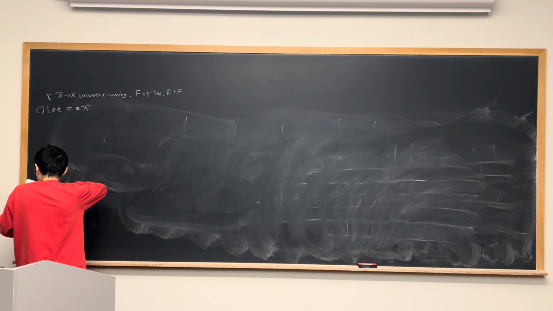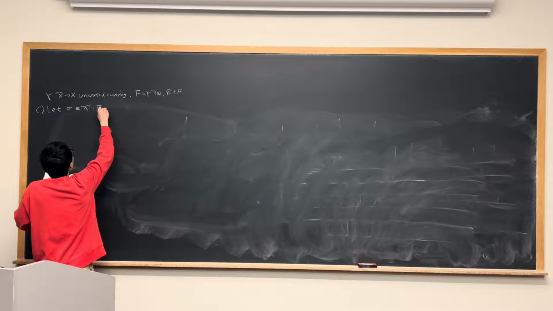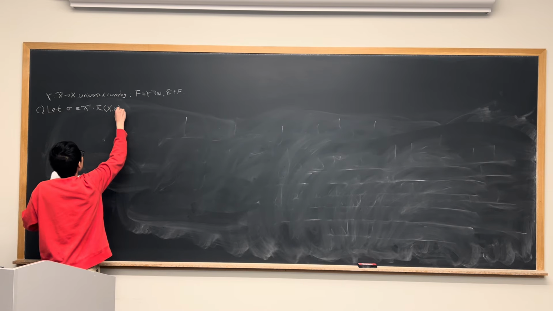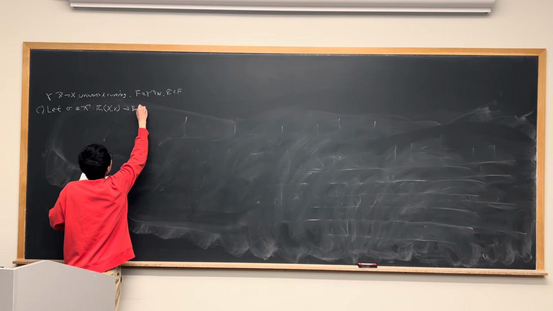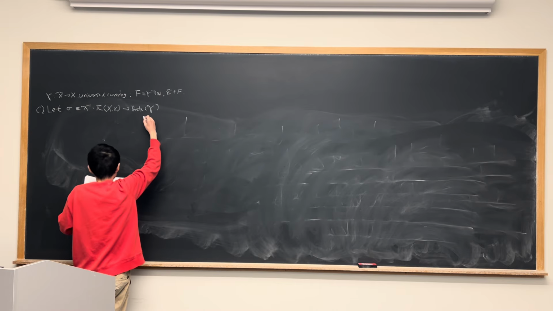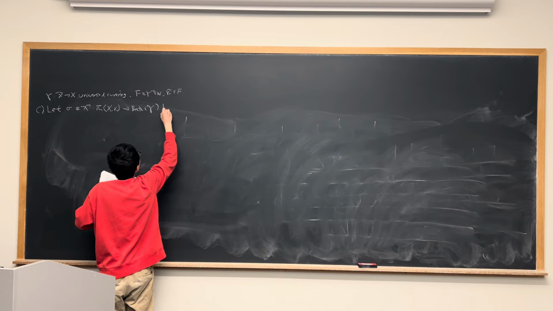So now, chi inverse goes from pi 1 of x naught to the deck transformation of this gamma, the inverse isomorphism.